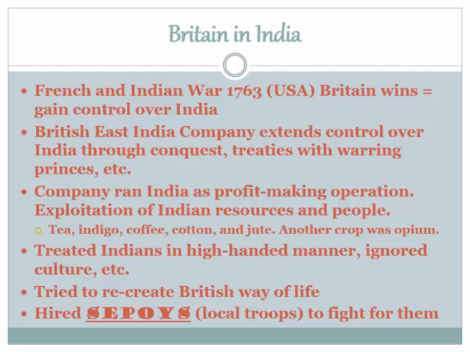Remember, and I know 7th graders, you'll know this too, the Boston Tea Party? Do you remember where all the tea came from? India. It was British East India Company ships that had all the tea.